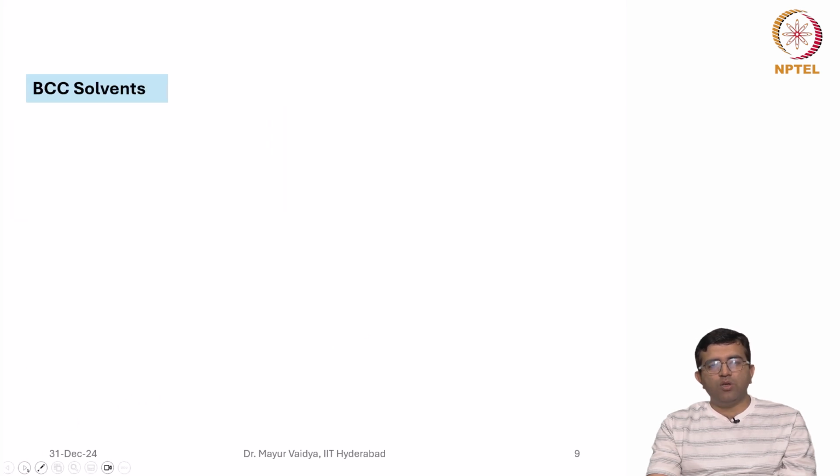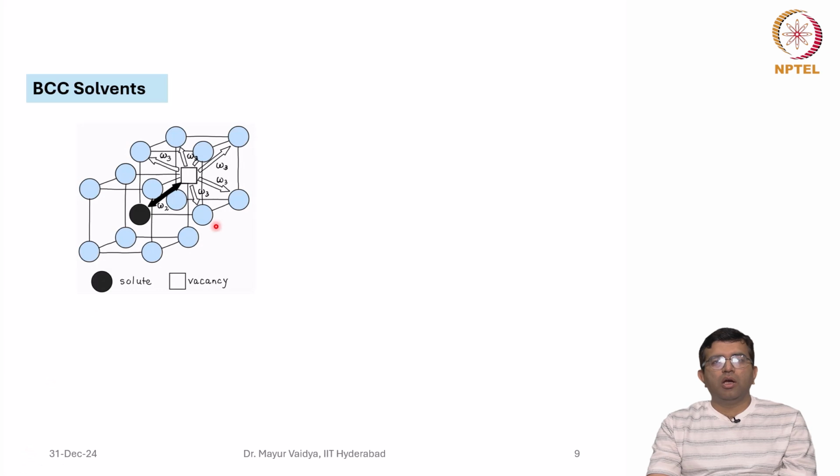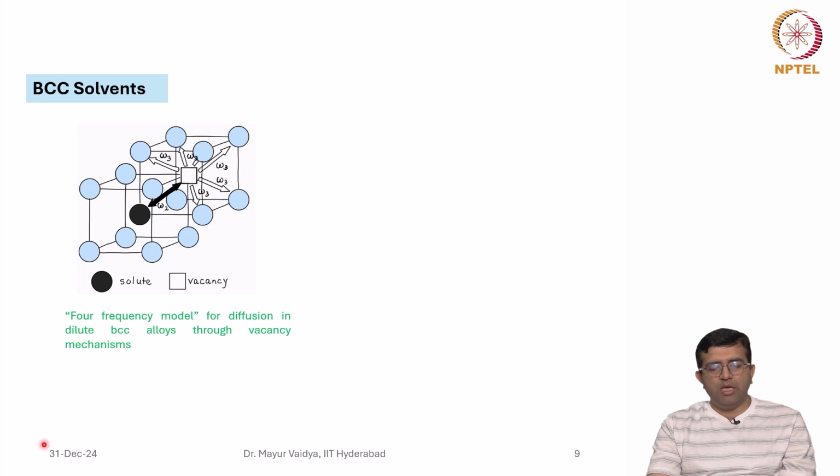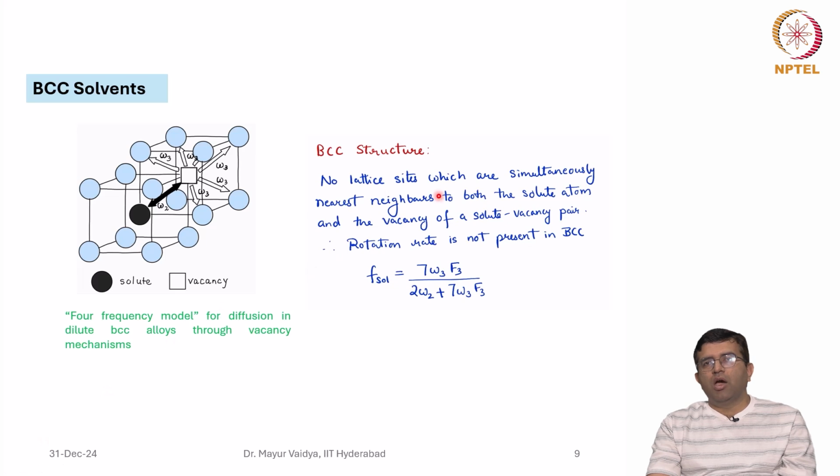In the BCC solvents, you will notice that there is only a four frequency model in the dilute BCC alloys when the diffusion is happening through the vacancy mechanism. Because here there are no lattice sites which are simultaneously nearest neighbors to both the solute and the vacancy of a solute vacancy pair.